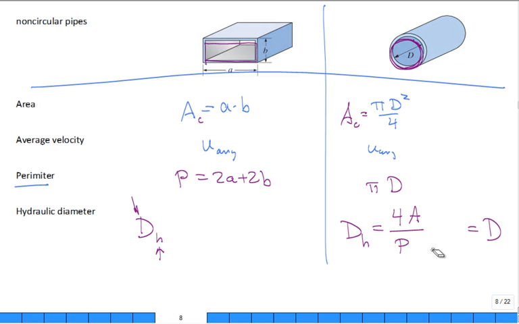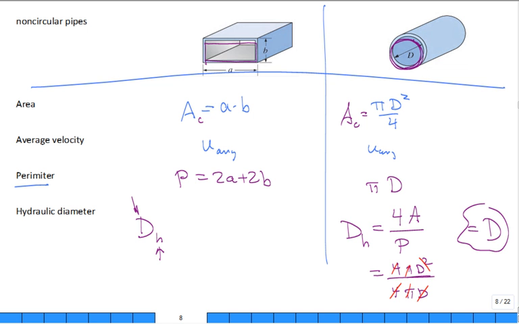It's just 4A over P. So for this case, does it actually give you back the diameter for a round pipe? Well, 4 times the area, pi d squared over 4, and then the perimeter, pi d. And so sure, the 4's go, the pi's go, and you're left with truly the physical diameter.